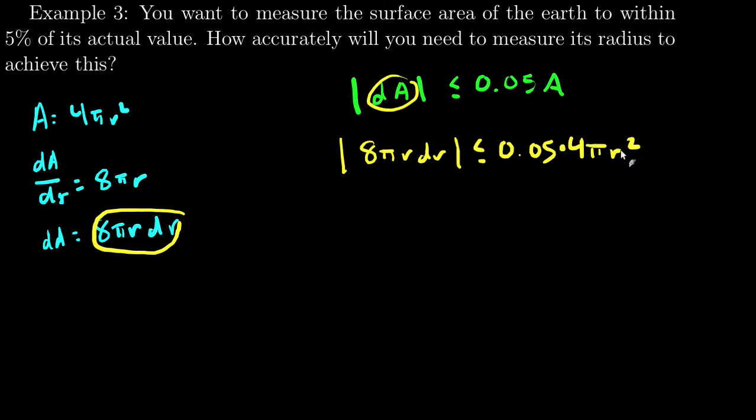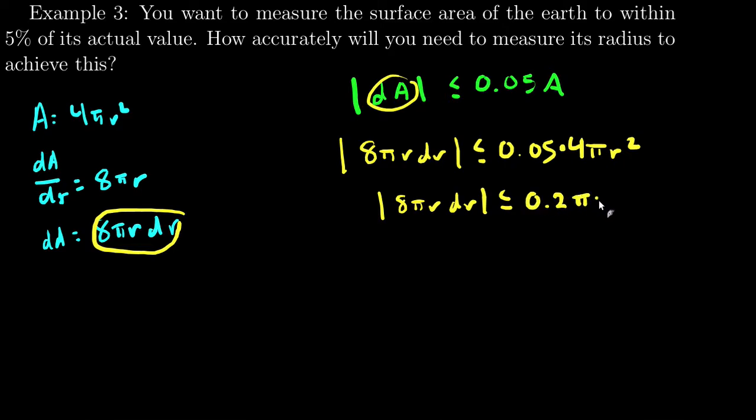That way, when I move this away, things will cancel for me. So I'm going to divide by 8 pi r. Actually, let me multiply this through first. So the magnitude of 8 pi r dr is less than or equal to 4 times 0.05 is 0.2.